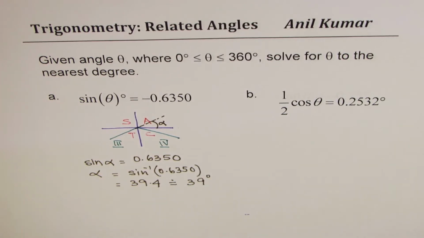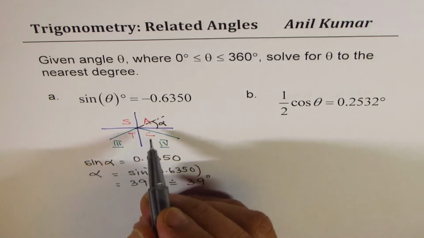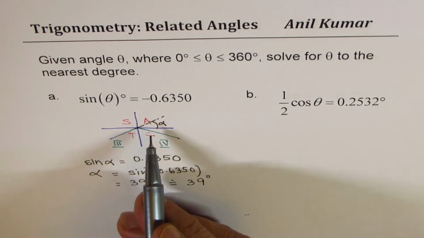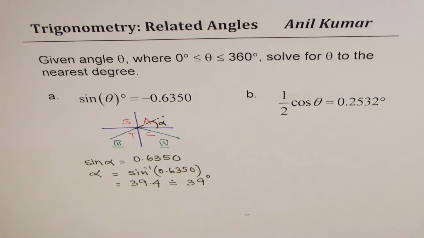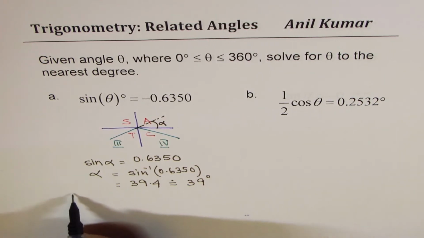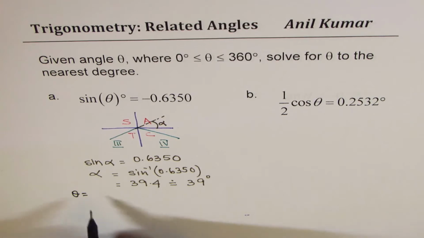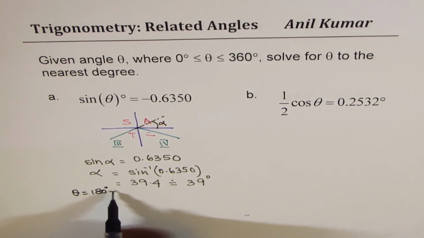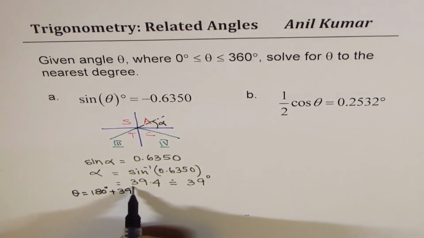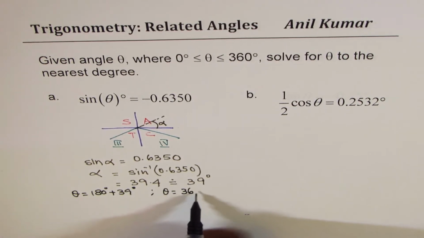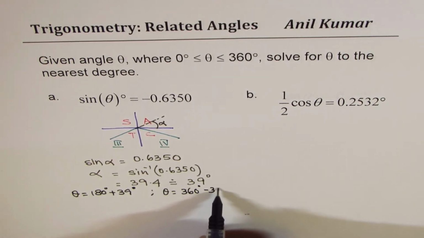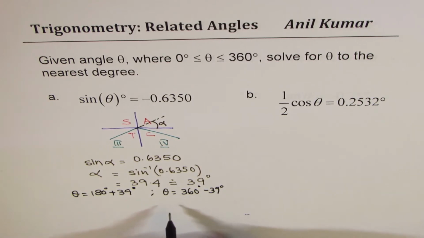Does that make sense to you? Okay. Now, that really means that the acute angle is 39 degrees. What is theta equal to? In this case, theta has two answers. One, theta is equal to 180 degrees plus 39 degrees. And the other is theta equals 360 degrees minus 39 degrees, correct?